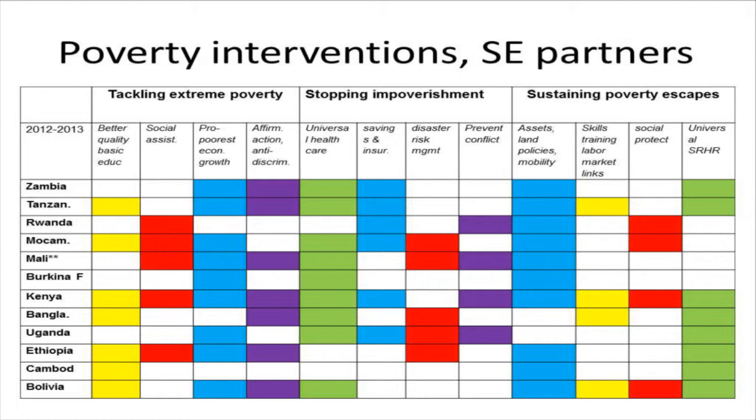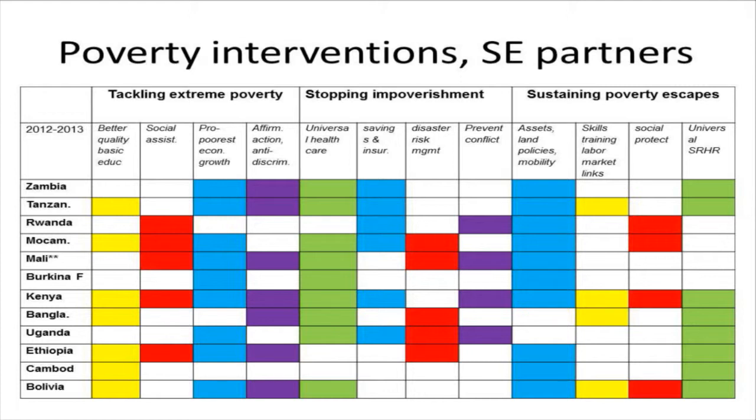But the yellow colors here are something to do with education. Red has to do with social protection mechanisms. The blue, pro-poor growth or market development and management of productive resources. The lilac color, social political relations such as affirmative action or preventing conflict.